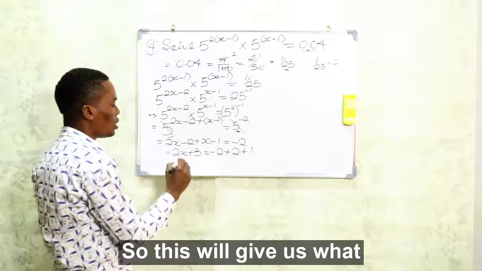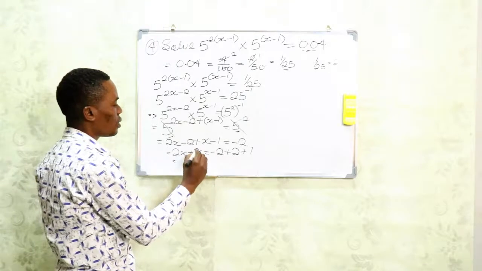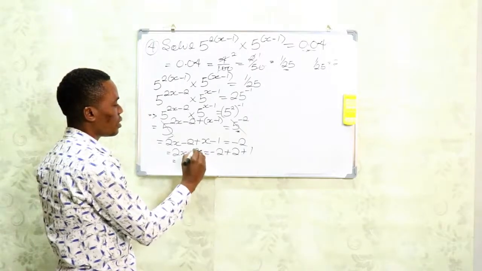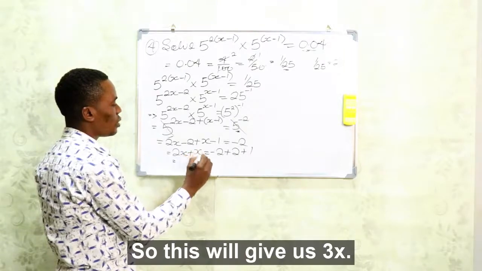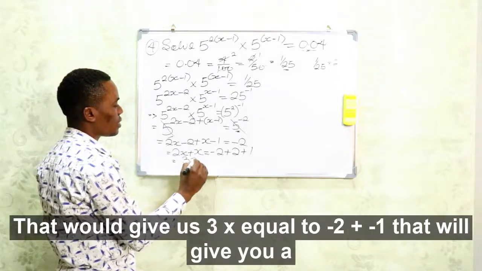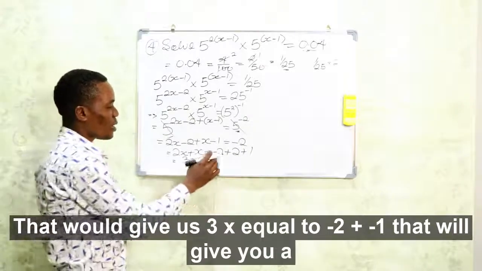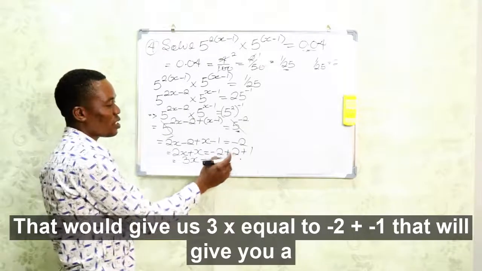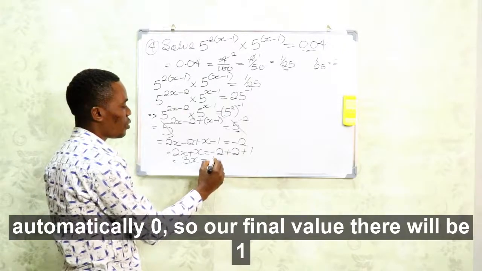So this will give us 3x. This will give us 3x equal to minus 2 plus 2, that will give you 0, plus 1, so our final value there will be 1.